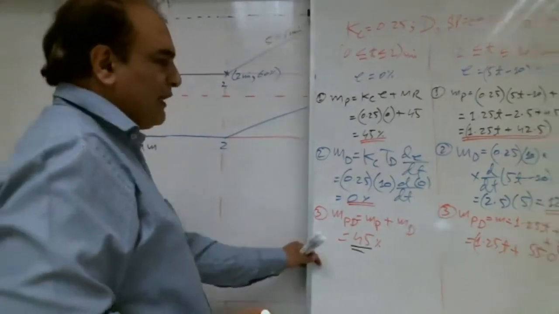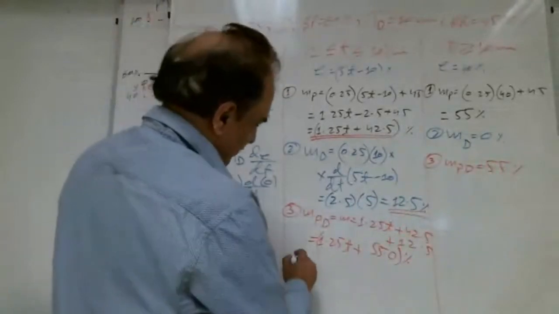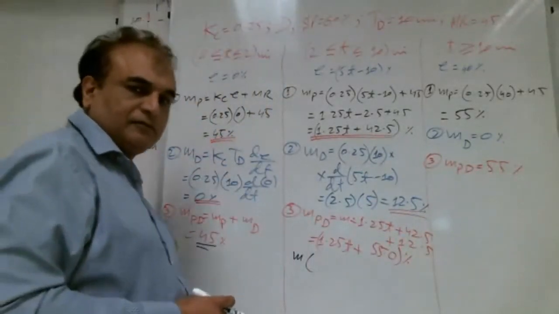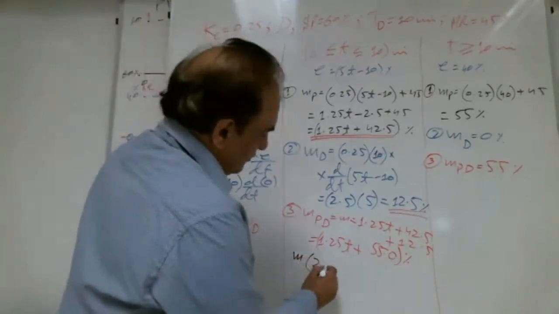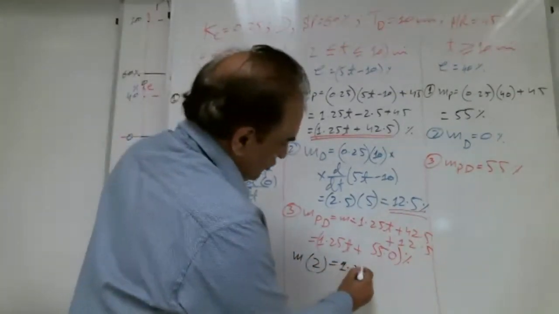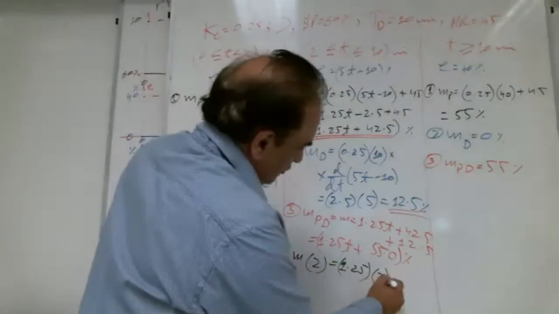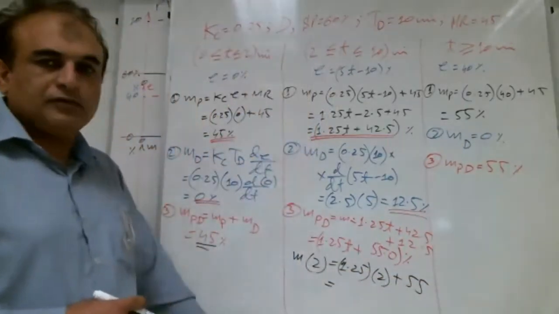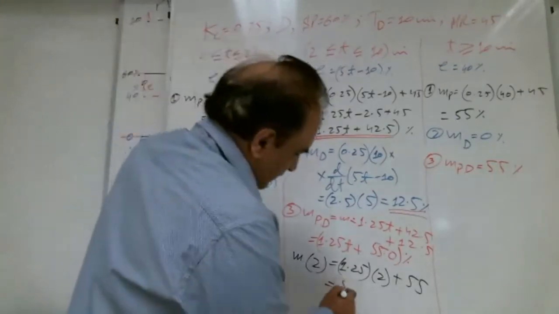Now here we need to calculate it. So M of what is the first point, Shabab? 2. Very good. So 1.25 into 2 plus 55. How much? Very good. 57.5%.